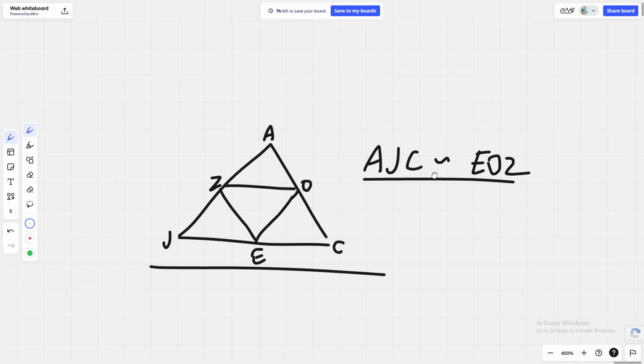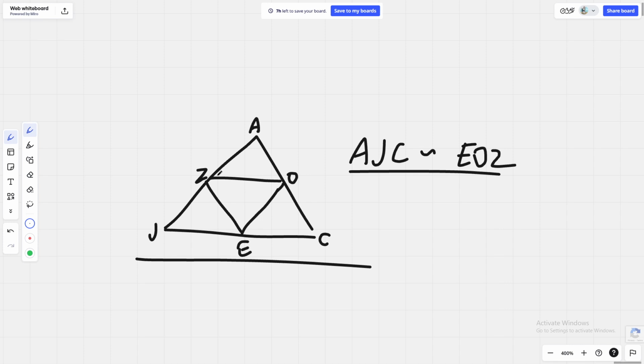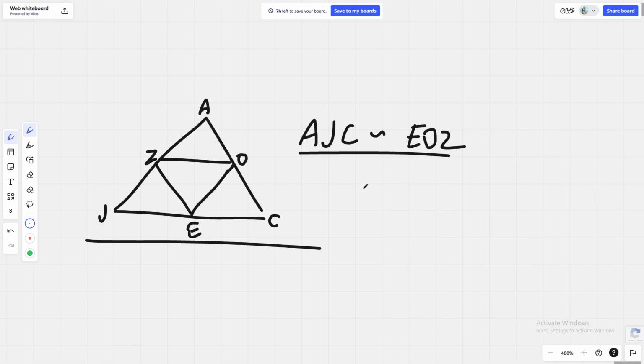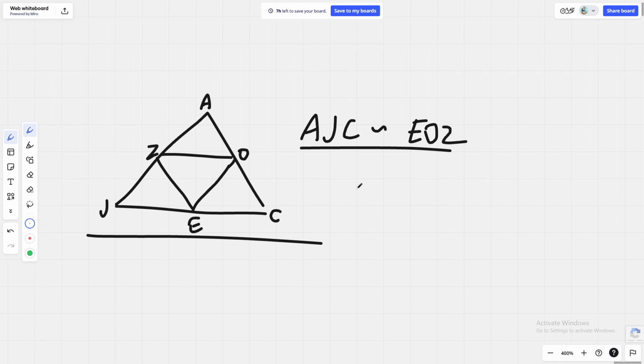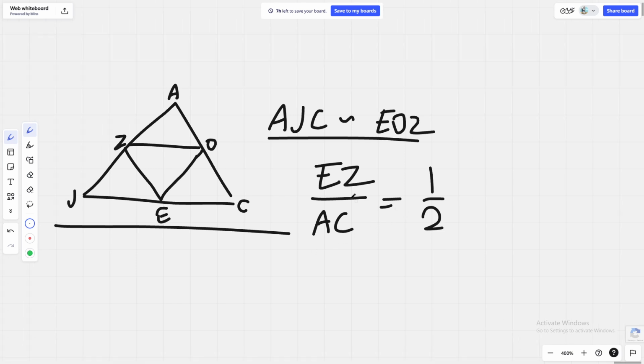To do this, since the given is that ZO is the midline of JC, ZE is the midline of AC, and OE is the midline of AJ, we can say that they are all equal to 1/2. So EZ over AC, this is because of the midline theorem, is equal to 1/2.